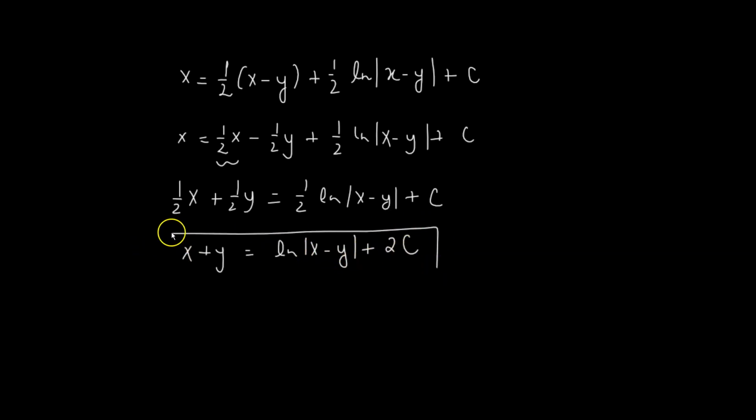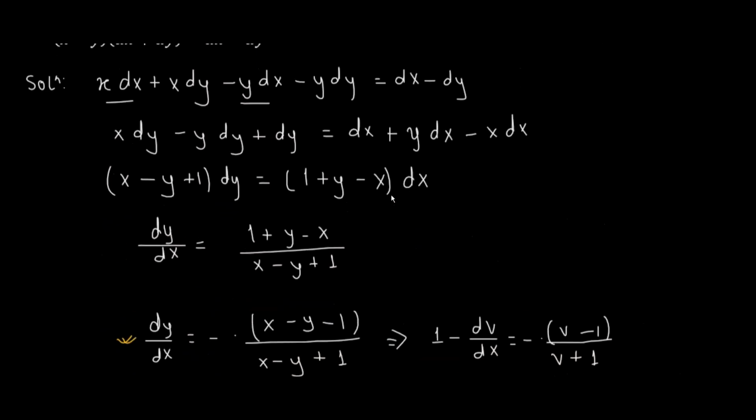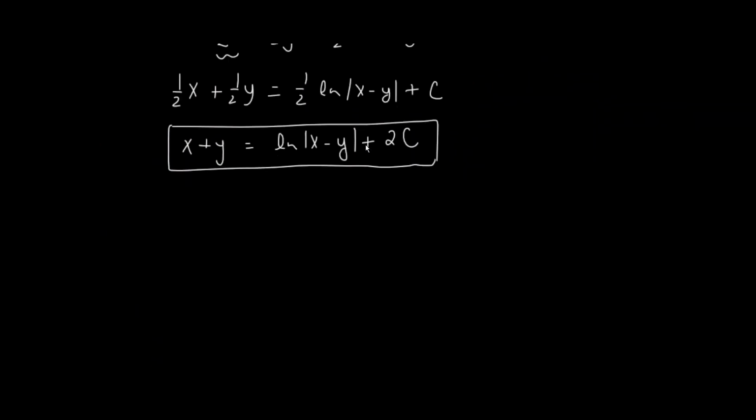Now, we have an initial condition which I forgot to mention in the question. The initial condition is y(0) = -1. We'll be using this initial condition to determine the value of c. So y(0) = -1 simply implies that when x approaches 0, then y approaches -1.